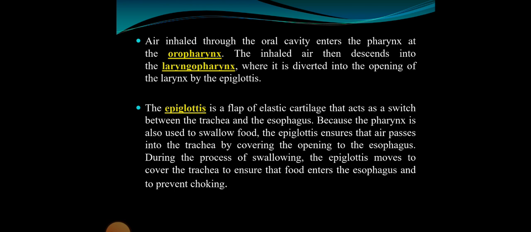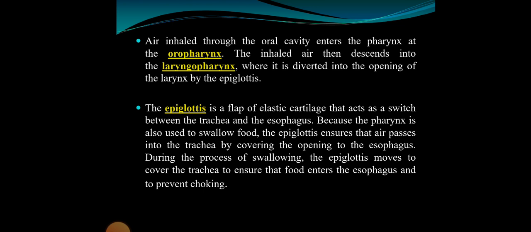The inhaled air then descends into the laryngopharynx, where it is diverted into the opening of the larynx by the epiglottis. The epiglottis is a flap of elastic cartilage that acts as a switch between the trachea and the esophagus.